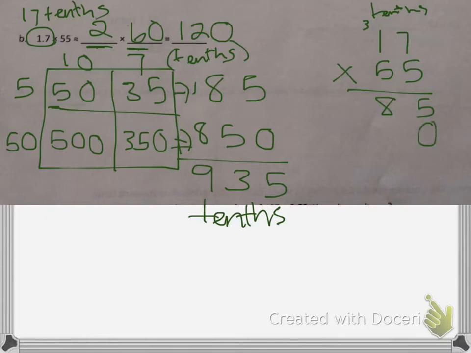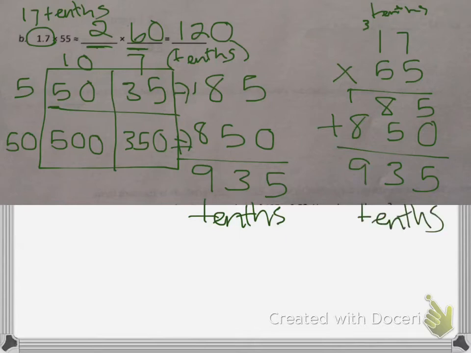I put my placeholder. 5 times 7 is 35. 5 times 1 is 5 plus 3 is 8. And then I add. 5, 8 plus 5 is 13. Carry my 1. 8 plus 1 is 9. So I got the same answer, right? Which is good. A good sign I did it right.